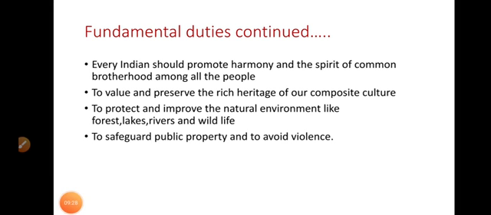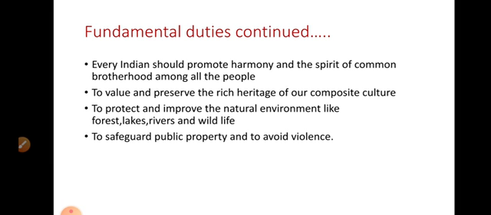Next, to value and preserve the rich heritage of our composite culture. India has a bunch of different heritages and cultures, a very nice heritage and culture. So we have to give value to it, and we have to preserve it.